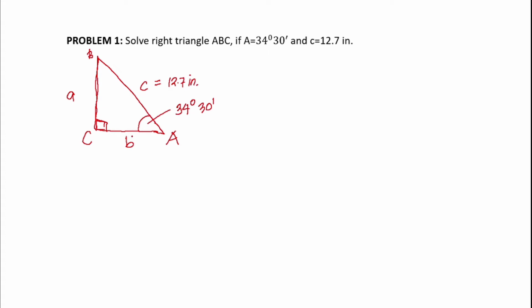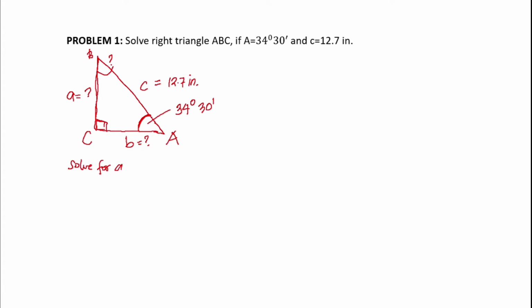What we're going to solve for is side a and side b, as well as angle B. These are the lacking parts of the triangle that we're going to solve. Let's start with a first. To solve for a, we make use of the information given.